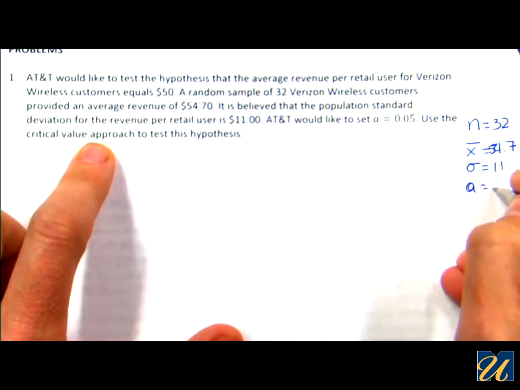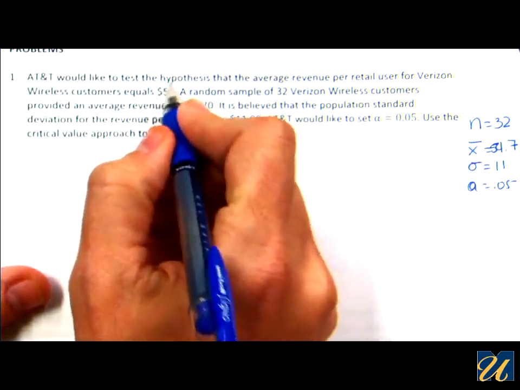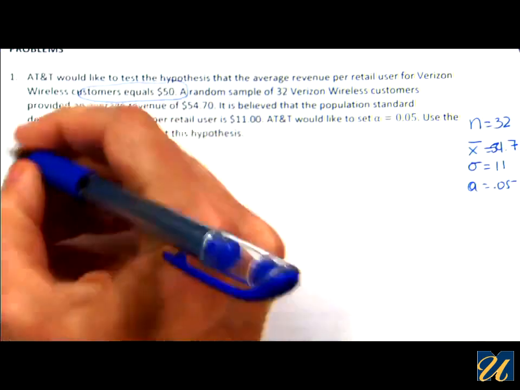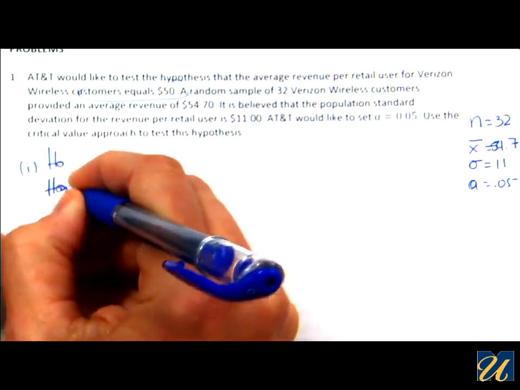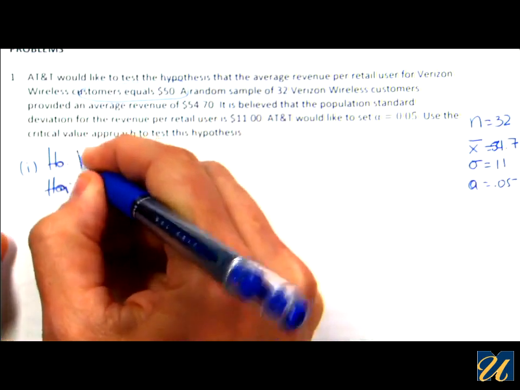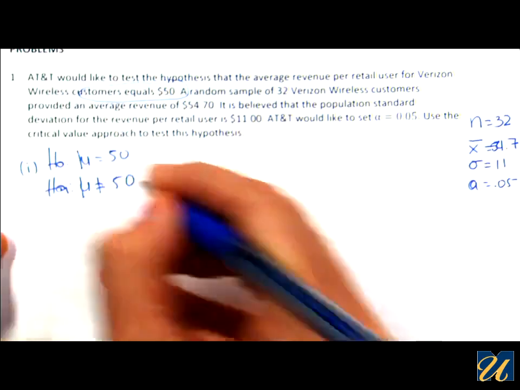Alpha is equal to 0.05, use the critical value approach to test the hypothesis. So mu equal to 50, this is what they want to test. That means that we state the hypothesis first. H0: mu is equal to 50, HA: mu different than 50.